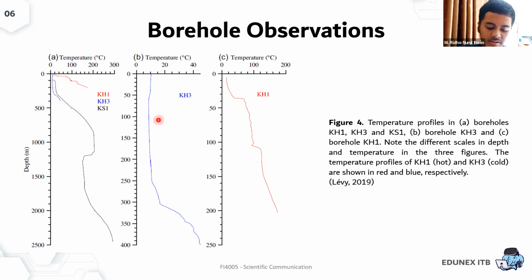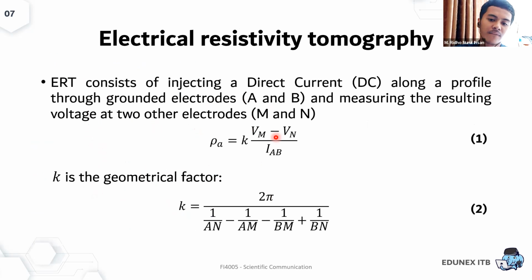In KH3, the temperature is about 10 degrees Celsius in the first 250 meters. On the other hand, a strong temperature gradient is observed in KH1, with the temperature reaching 175 degrees Celsius at 200 meters depth.